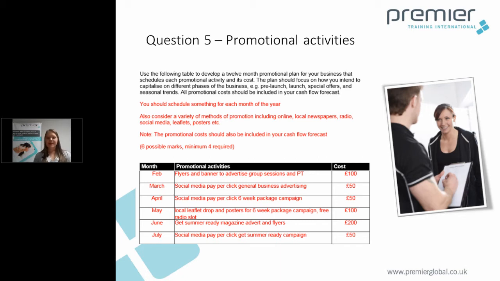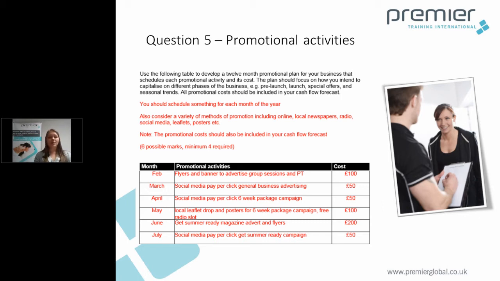So there are some examples here. February, flyers and banners to advertise group sessions and PT coming in at £100. March, social media pay-per-click general business advertising at £50. When you do this question, it's really important to remember the cost is the cost to you as the business owner, not the cost to the customer. So let's say you have a special offer on sessions, a 12-week Get Fit for Summer package that costs £300.